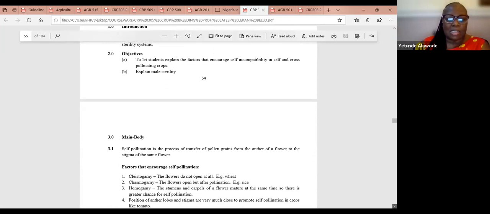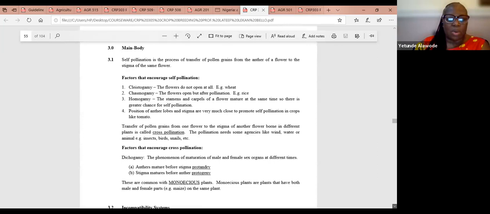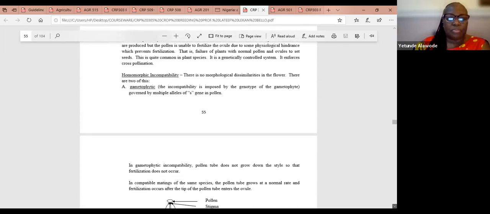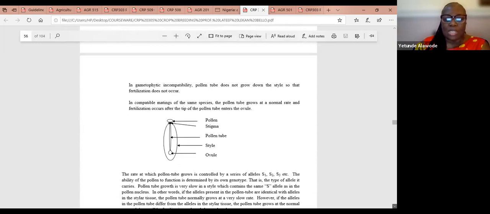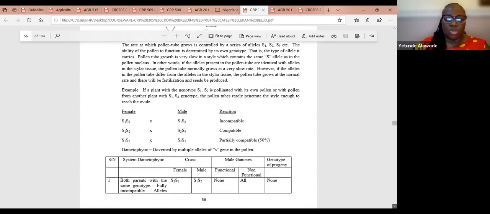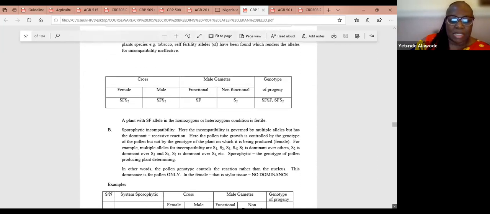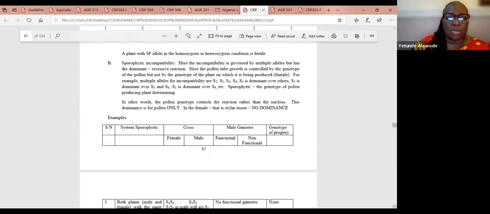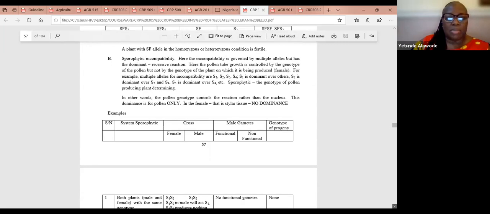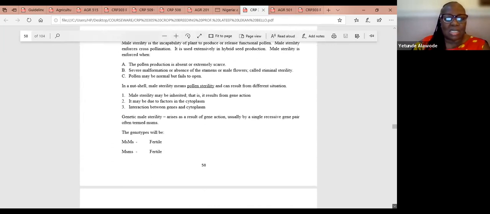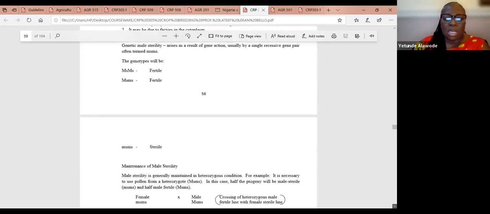Like I said, it's always a question that I like to set, just to know if you understand things better. So you should be able to know the types of compatibility and be able to explain them, just short notes, nothing so much.